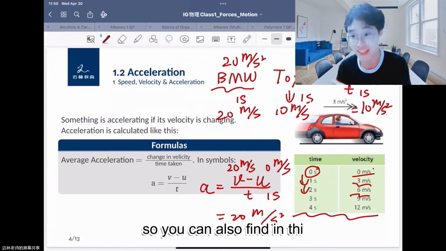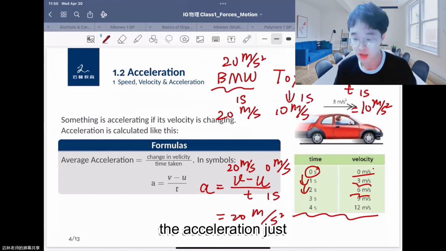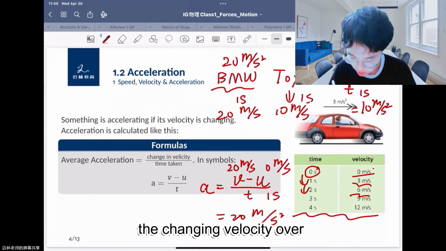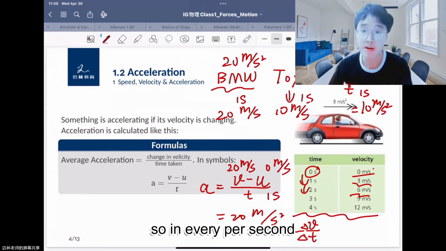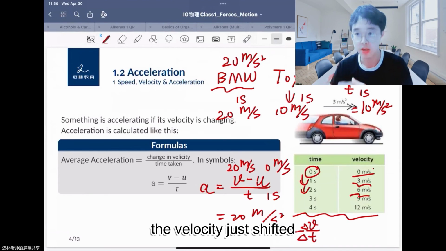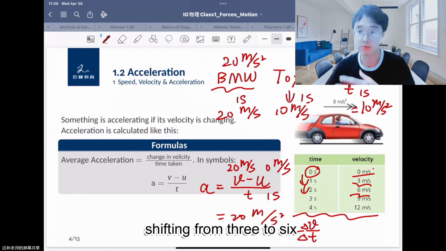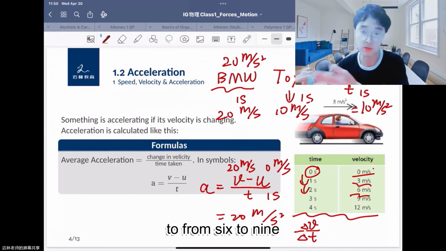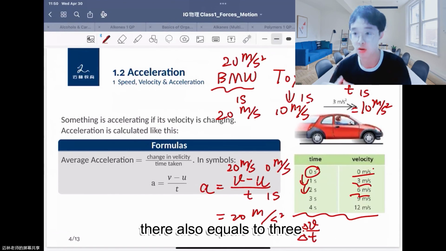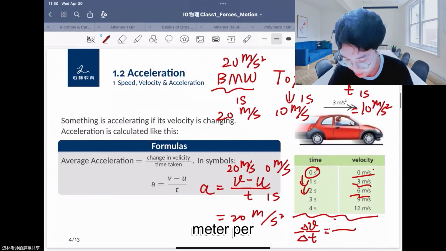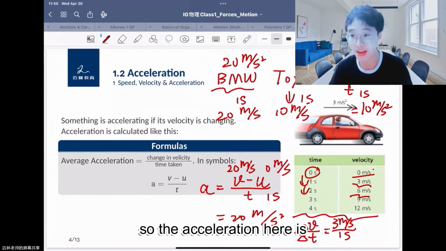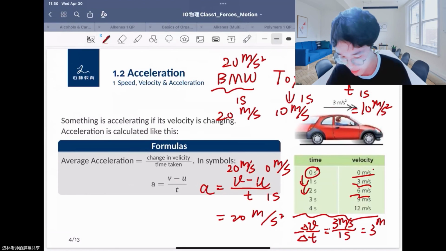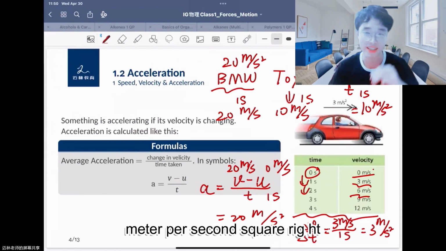So you can also find in this table that the acceleration just equals the change in velocity over the change in time, right? So every second, the velocity shifts from 3 to 6, from 6 to 9, from 9 to 12. They also equal 3 meters per second. And the time taken is 1 second. So the acceleration here is 3 meters per second squared, right?